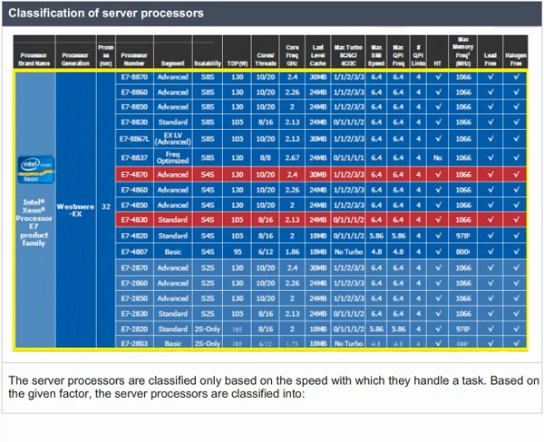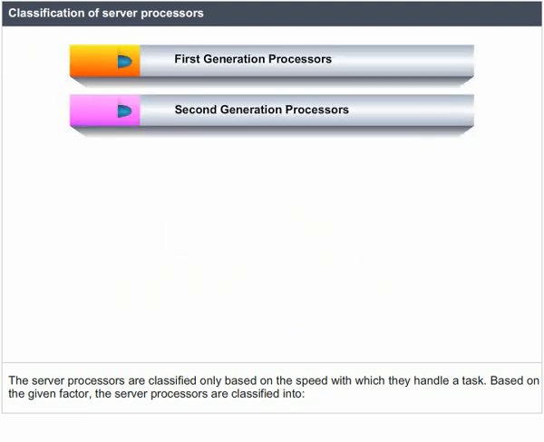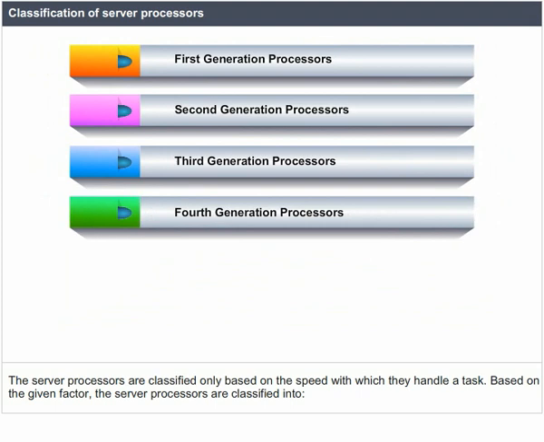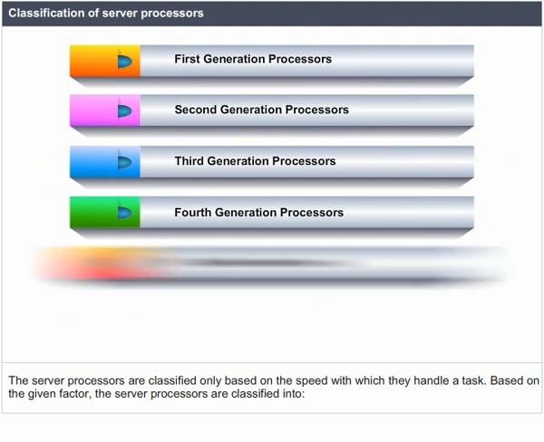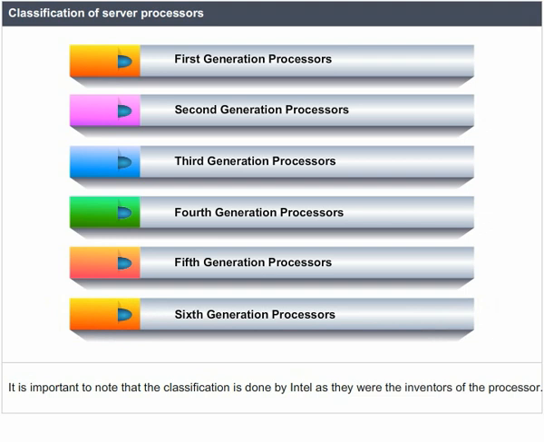Based on the given factor, the server processors are classified into first-generation processors, second-generation processors, third-generation processors, fourth-generation processors, fifth-generation processors, sixth-generation processors. It is important to note that the classification is done by Intel as they were the inventors of the processor.